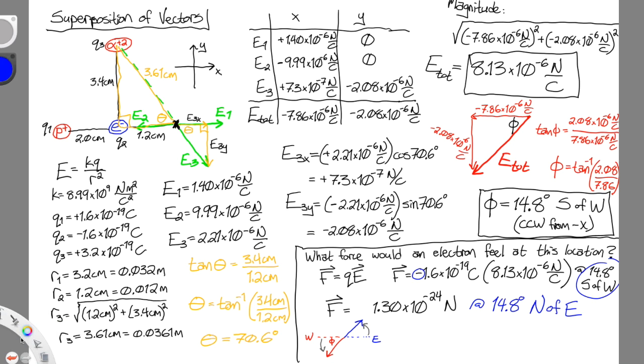But you'll notice it's the same angle. So this is now our answer for our force: 1.30 times 10 to the negative 24th newtons in a direction 14.8 degrees north of east. So a much shorter calculation now that we've done all the work of the electric field.